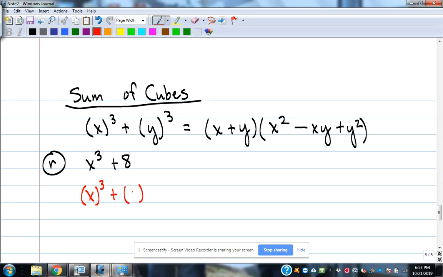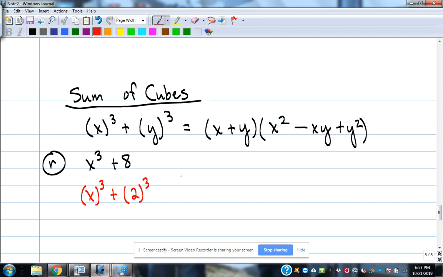They don't get real big with their numbers on the differences or sums of cubes, because if you cube the number 4, you get 64. If you cube 5, you get 125. If you cube 6, you're getting an even larger number. The numbers get big really fast when you cube things, so you don't have to memorize too many of them.